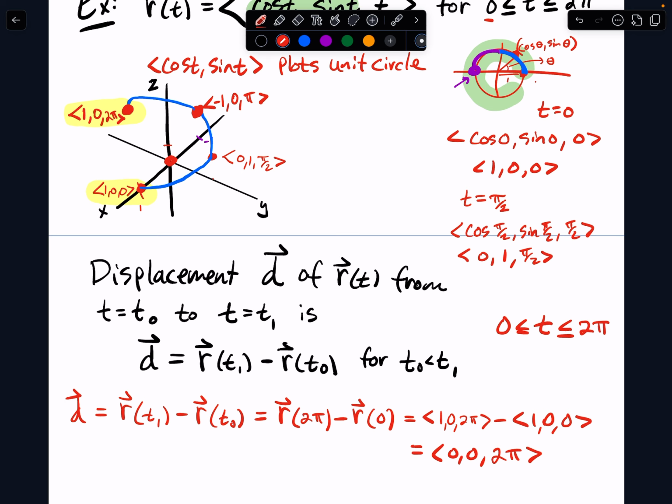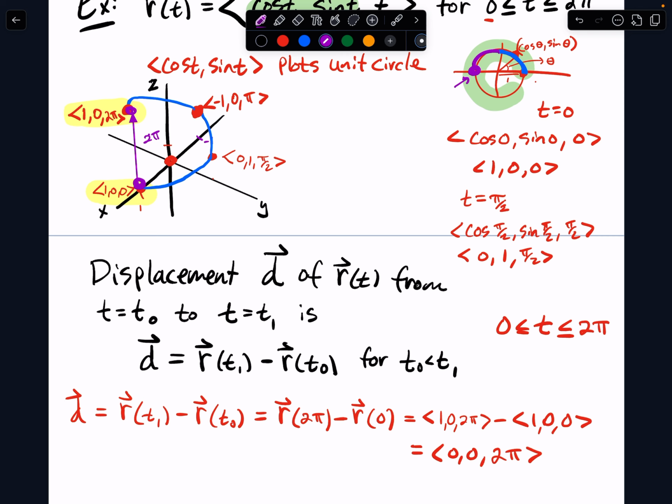All right. So what does that look like? That's the vector that goes from here straight up 2 pi units. Doesn't go left or right, north, south, east, or west. It just goes straight up 2 pi units from this point up to this point here. That's the displacement.